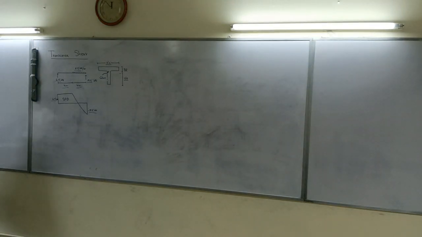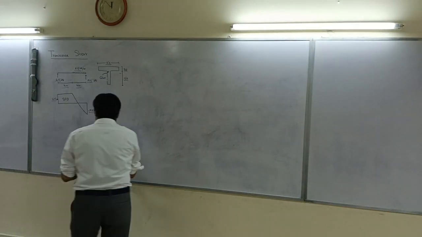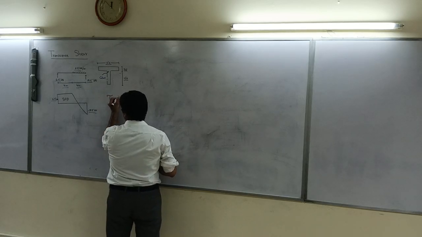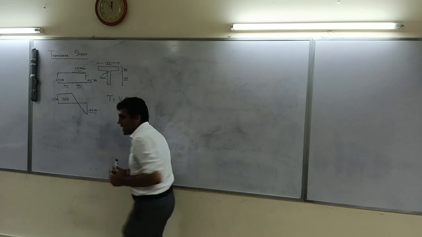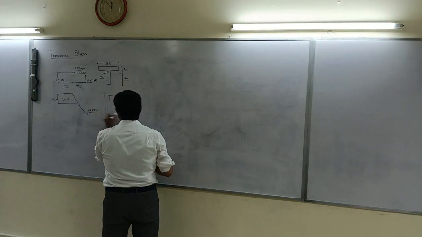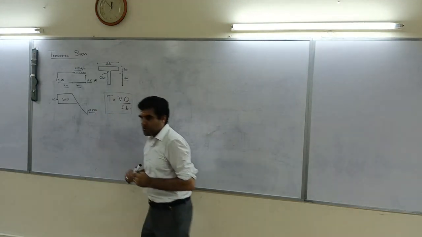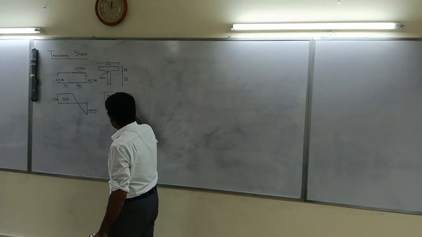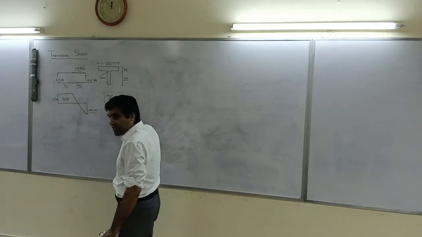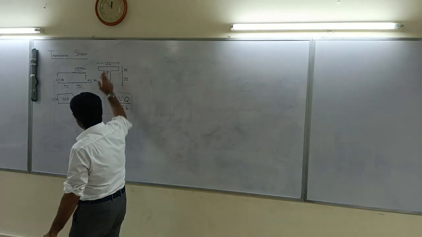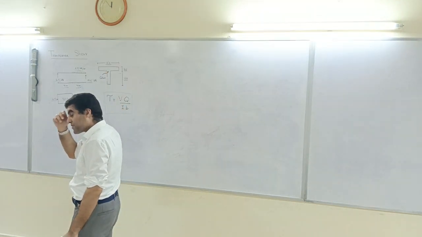Now, as I told you, tau is equal to VQ by IB. This is the equation which we derived and will be using. So shear stress is equal to VQ by IB. Now V is the maximum shear at that point, so the maximum shear you have to determine.